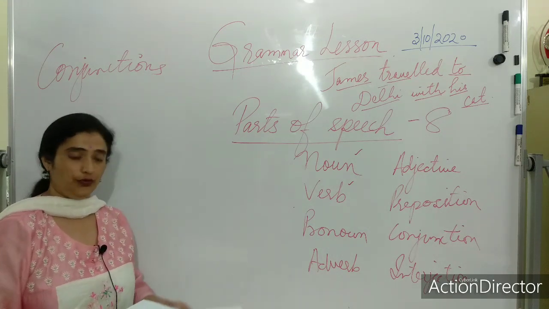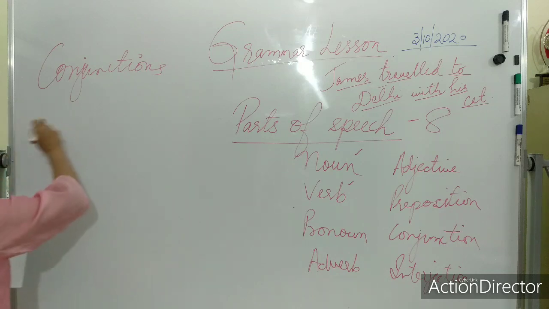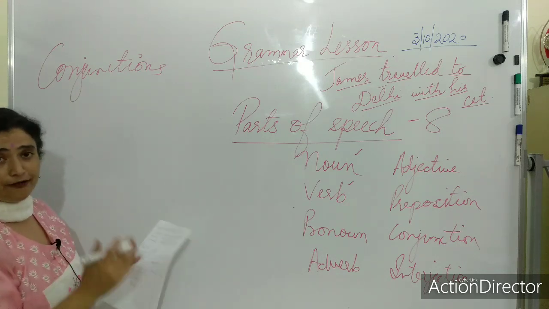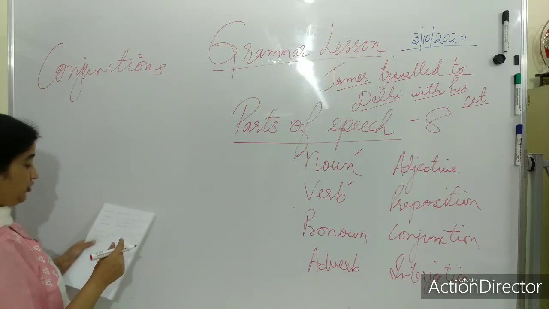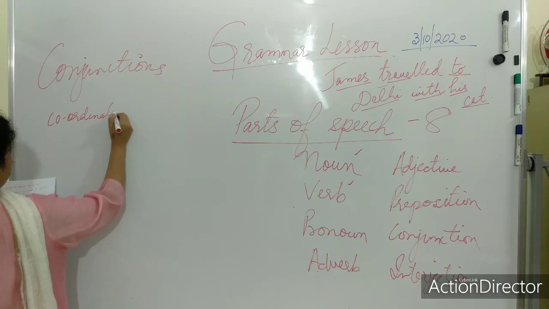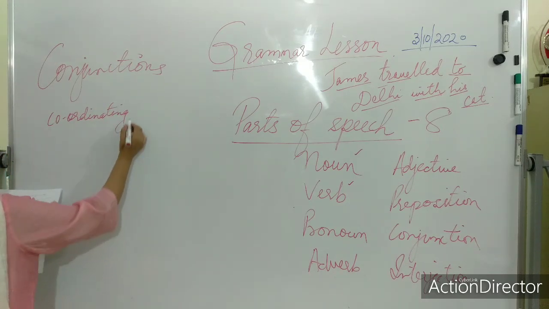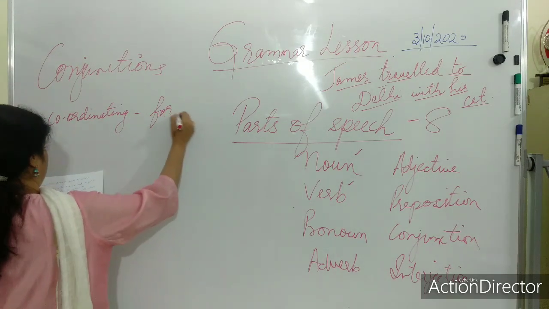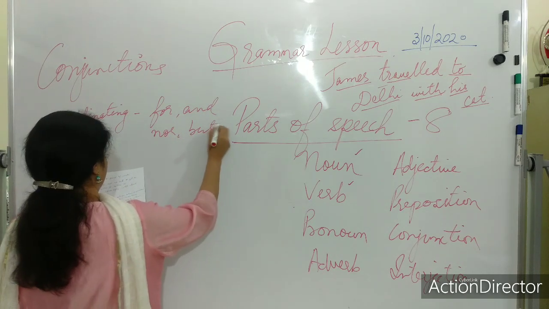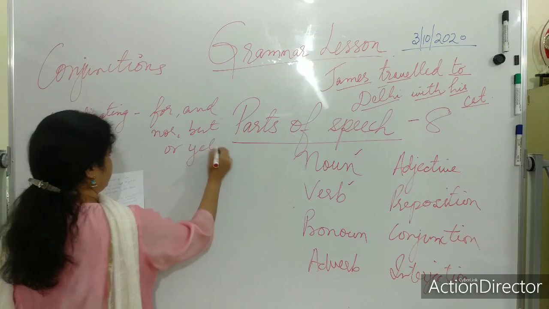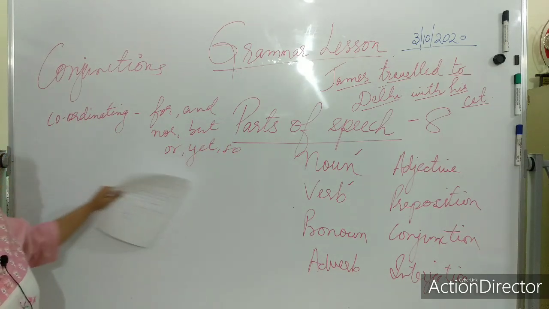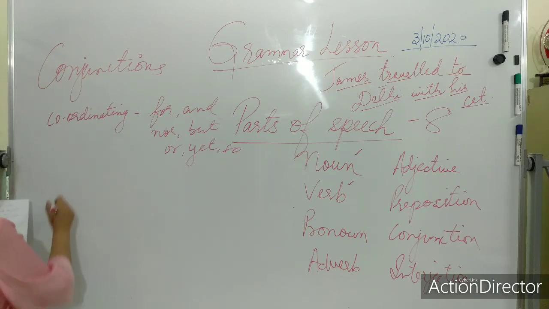Now they are categorized, so it will be easier for you to remember them. First are your coordinating conjunctions: for, and, nor, but, or, yet, so.